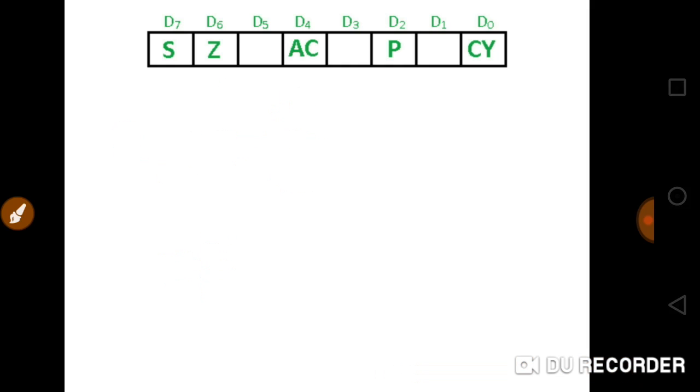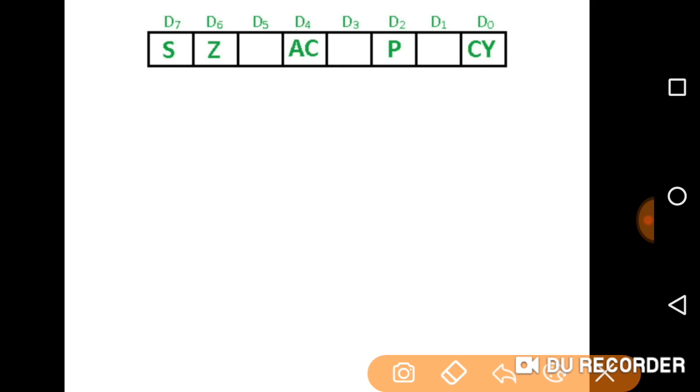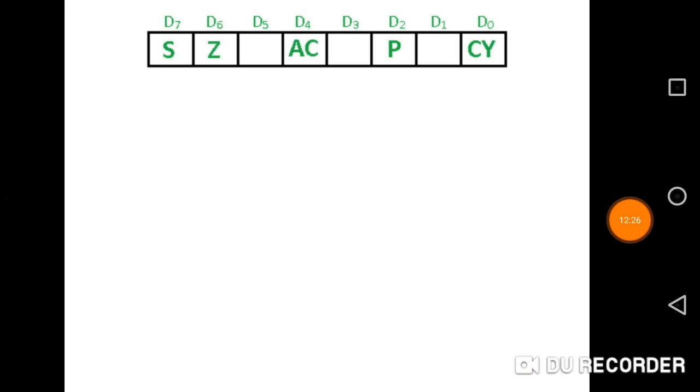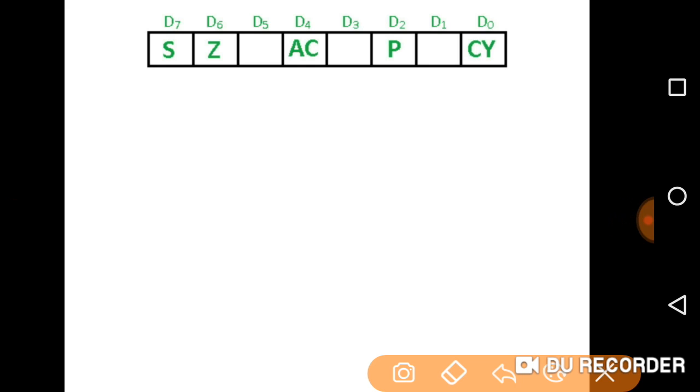Okay. Now see auxiliary carry. For an addition operation, if a carry is generated from D3. D3 means what? Suppose there is an 8-bit operation like this, 1 0 1 1 0 1 0 1.